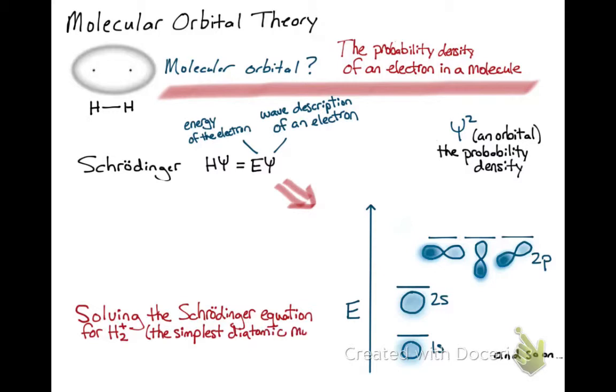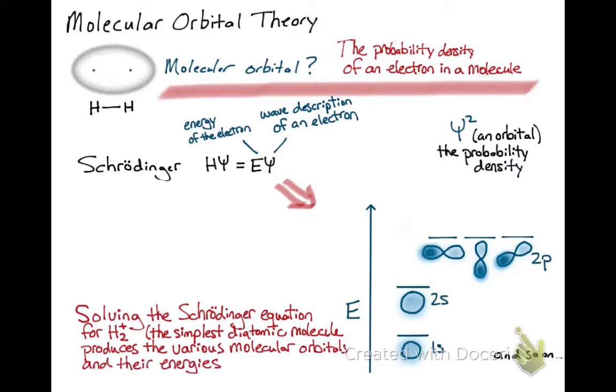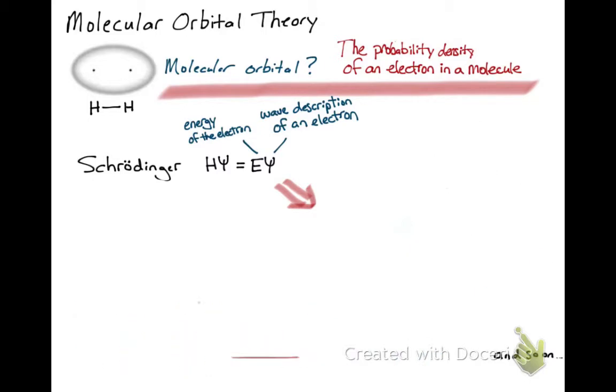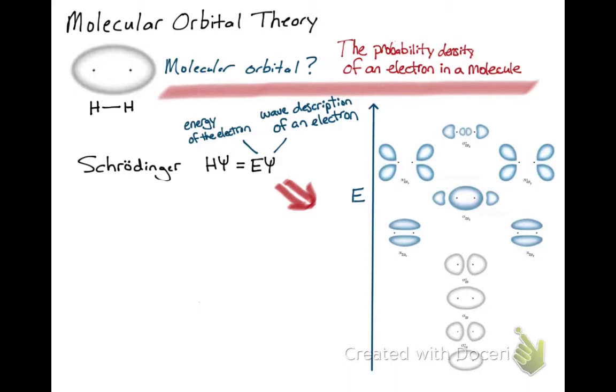Solving the Schrödinger equation for the H2 plus, which is the simplest diatomic molecule, produces the various molecular orbitals. So in this case, if we apply the equation for molecules like H2, we get descriptions of the molecular orbitals which look like this.